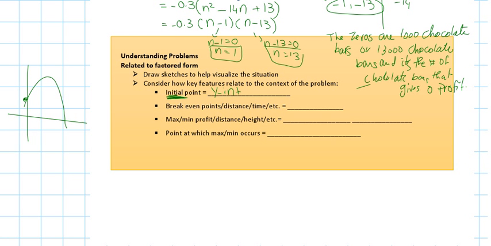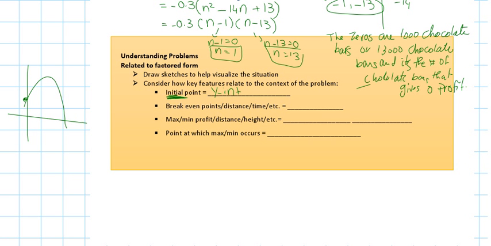What is your break-even point? So if you're selling your chocolate bars, what's your break-even money? How much money would that be? It's when you make what you spent on them. How much profit did you make?